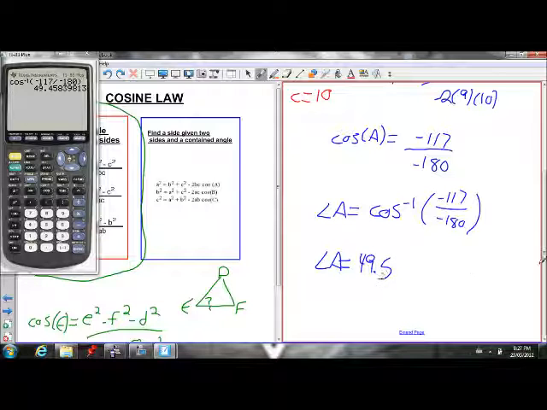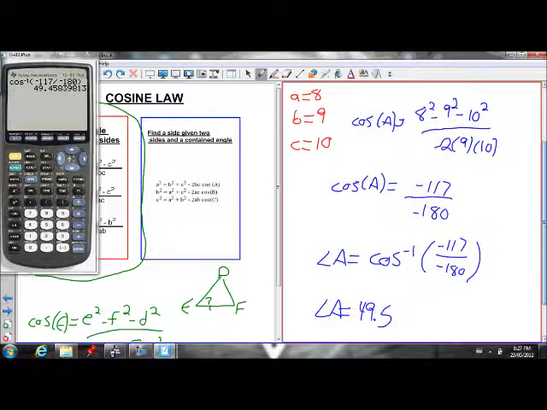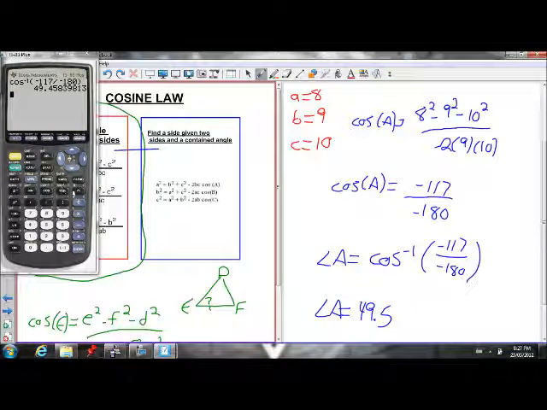49.5. Okay. How you might do this on your calculator if you're confident with this, is after you've plugged everything into your equation here, you can just do 8 squared minus 9 squared minus 10 squared.